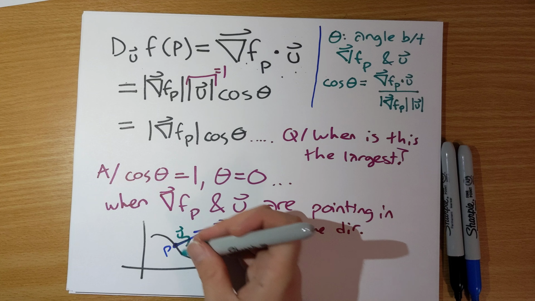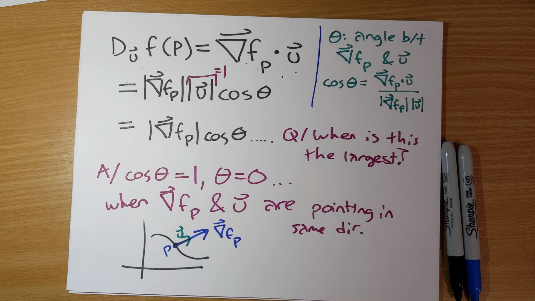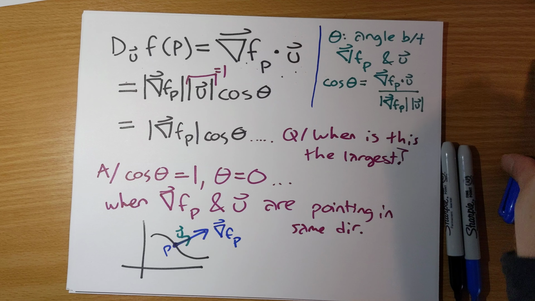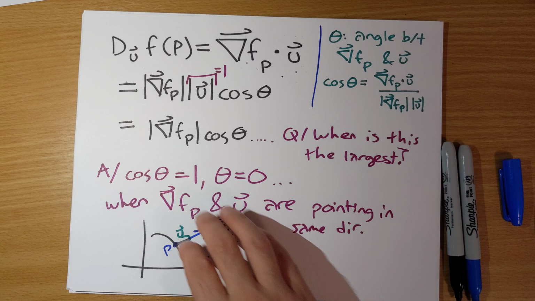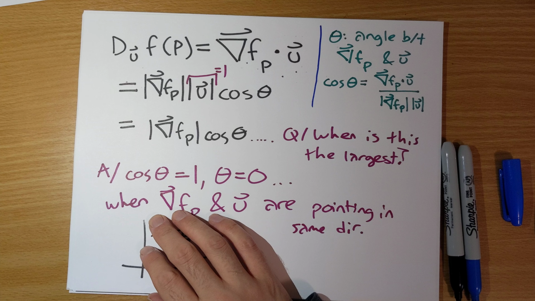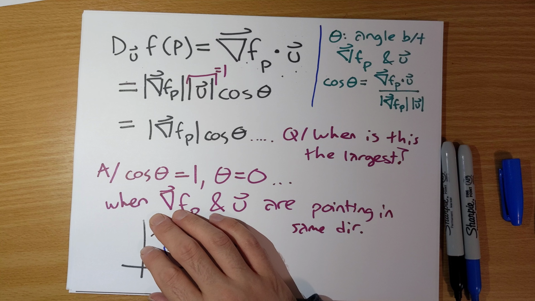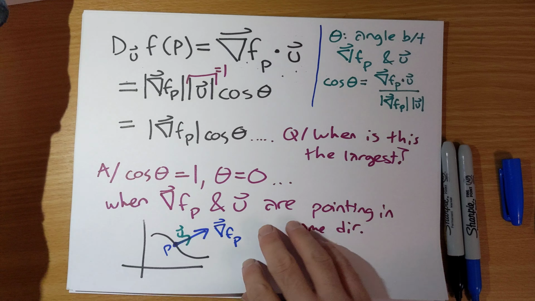So that needs to be our u, because the angle between u and the gradient is going to be 0. And so this gives us a lot of deep insight. This and other thoughts here are going to give us a lot of deep insights about geometric properties of the gradient. And this is going to be where the gradient just kind of goes from interesting geometric tool to something that I think you can agree will be really, really powerful.